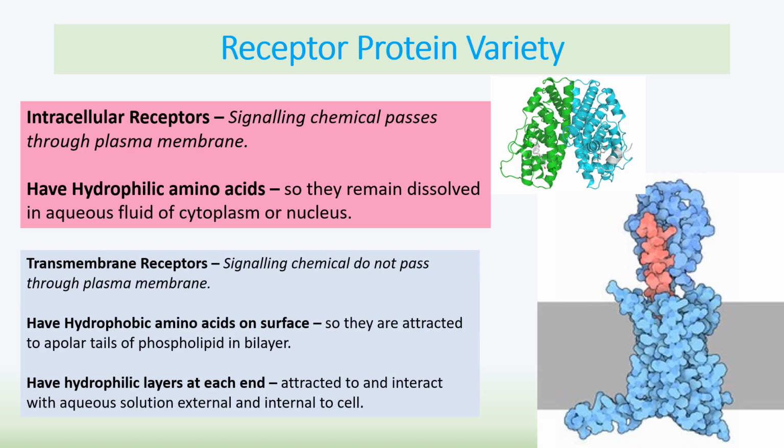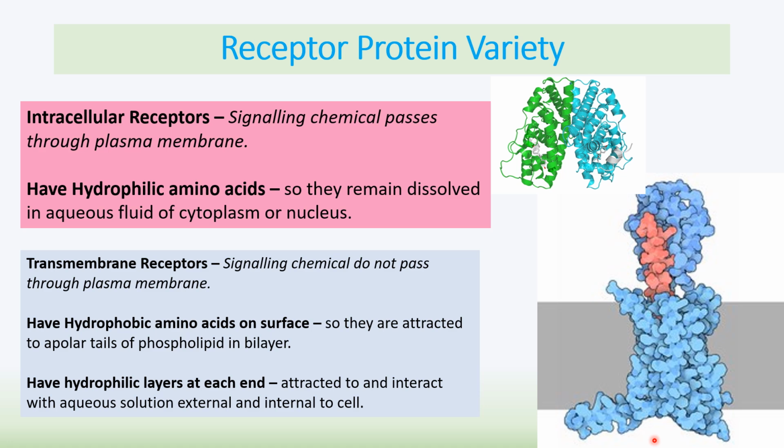We then also have transmembrane receptors, where the signaling chemical does not pass through, and the chemical will attach, as you can see here, on the outside of the cell membrane, and that causes a conformational change of the protein, which goes into the membrane and into the cell, which then normally activates a different enzyme on the inside of the cell. And we'll look at the example of adrenaline doing this shortly.